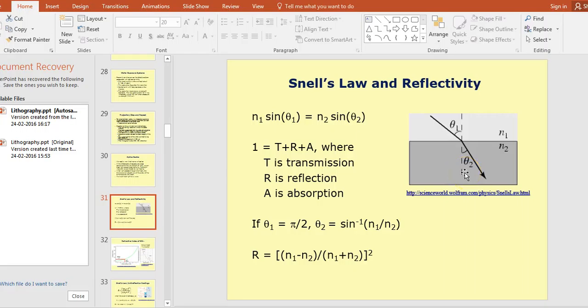This concept is quite useful because photolithography is done in the clean room, where clean air is the medium.